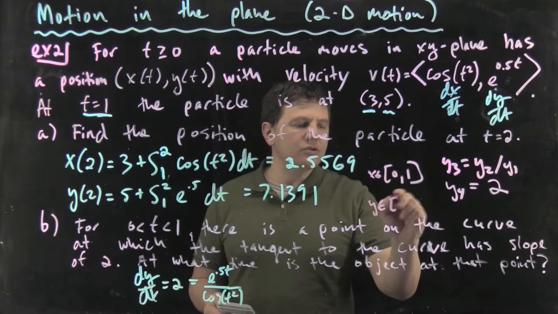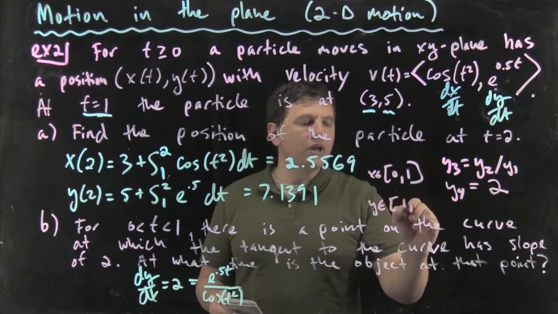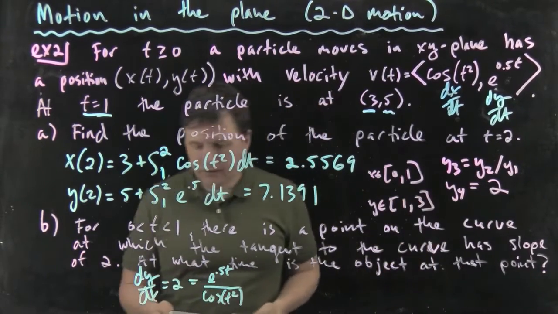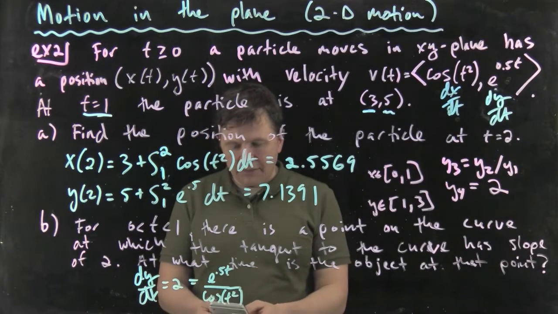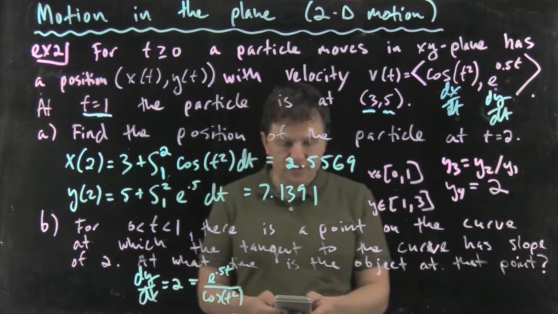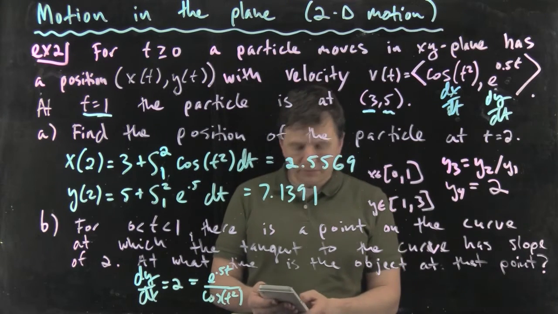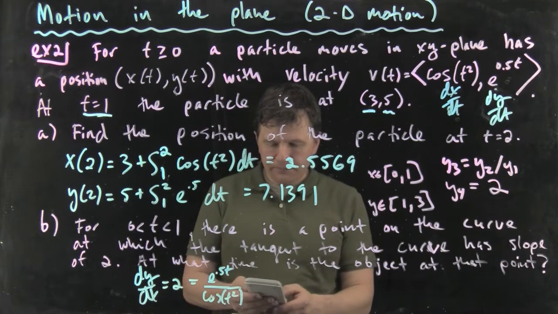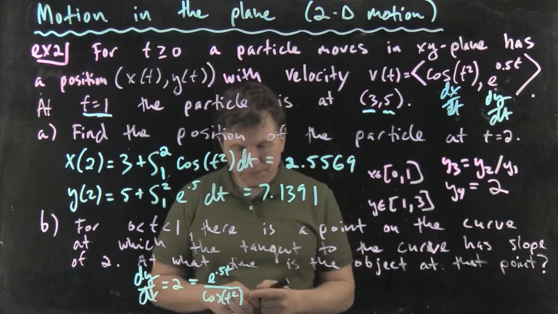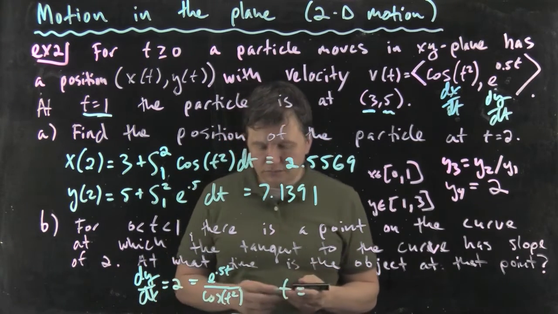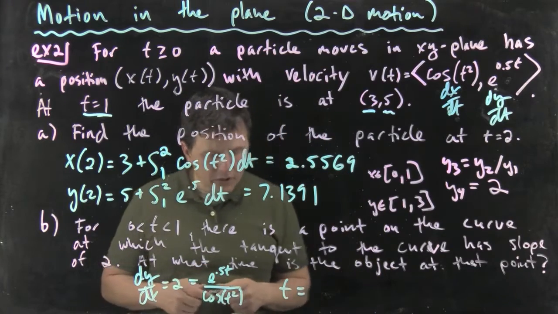So for the y, 1 to 3 would be perfectly fine. So let's go ahead and set that up. So 0 to 1, and once again, I'm in function mode, and I suggest you stay in function mode. So this would be 1 to 3. Taking a little bit of time here.